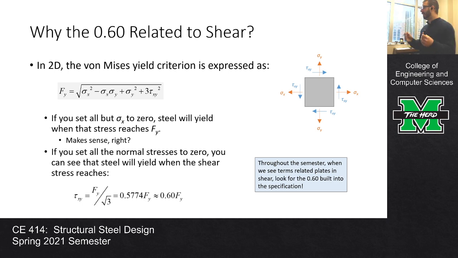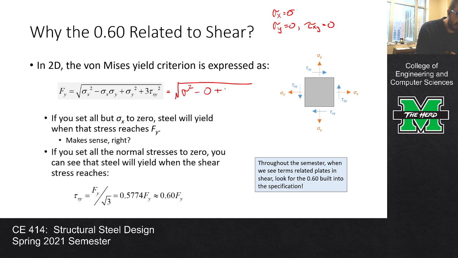Let's say you have a piece of steel and all you're doing is yanking it in tension. If you have a scenario where sigma x is some stress, and sigma y is 0 and tau xy is 0, then you take sigma x, set it equal to some stress, take everything else, set it equal to 0, and then it yields when the stress hits Fy.